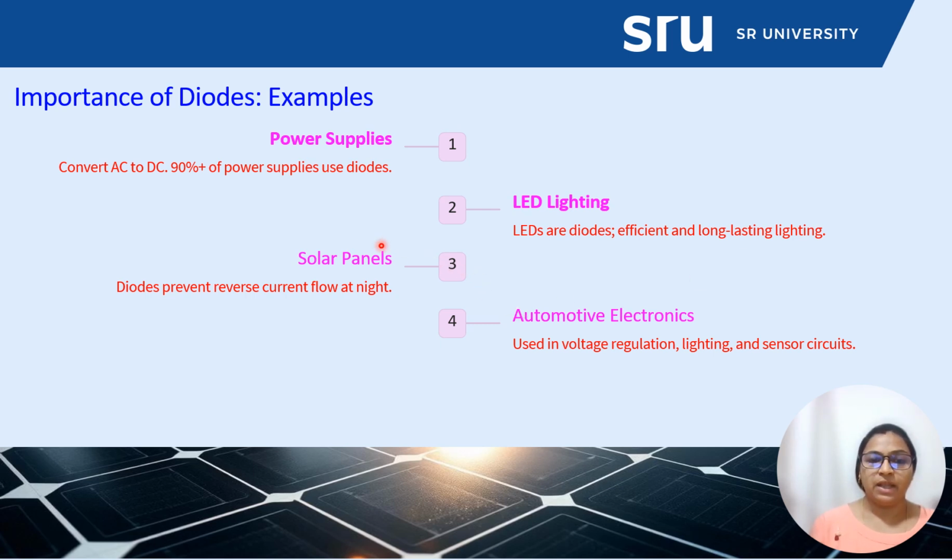And another very important perspective is in solar panels. We will come back with another lecture series about the solar panel in our next lecture series. Diodes prevent reverse current flow at night.